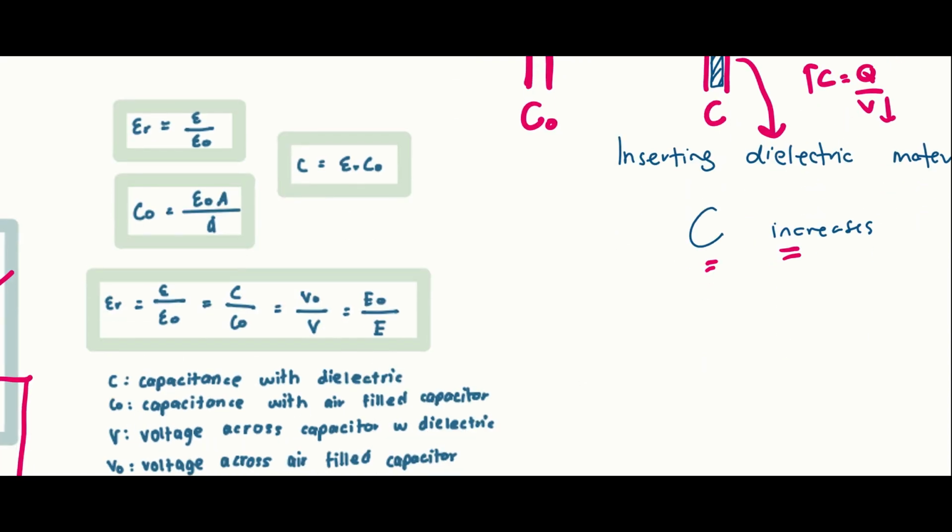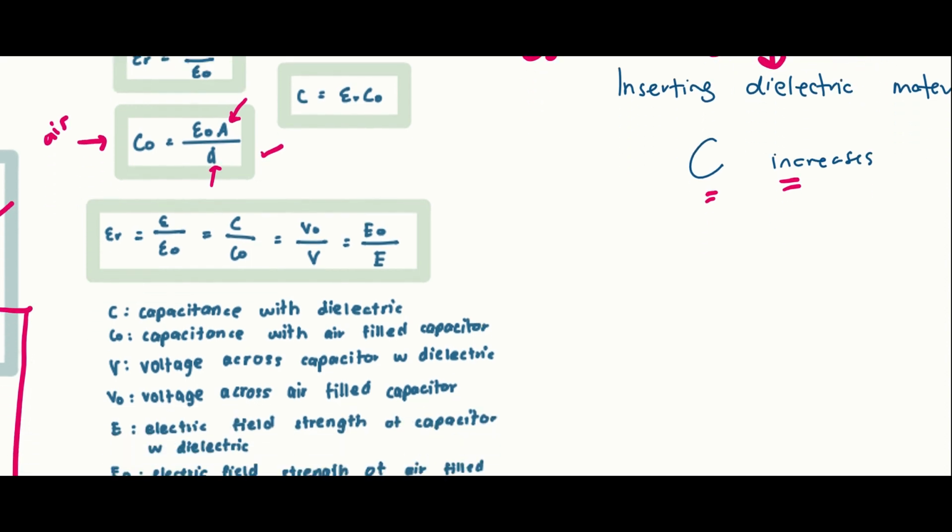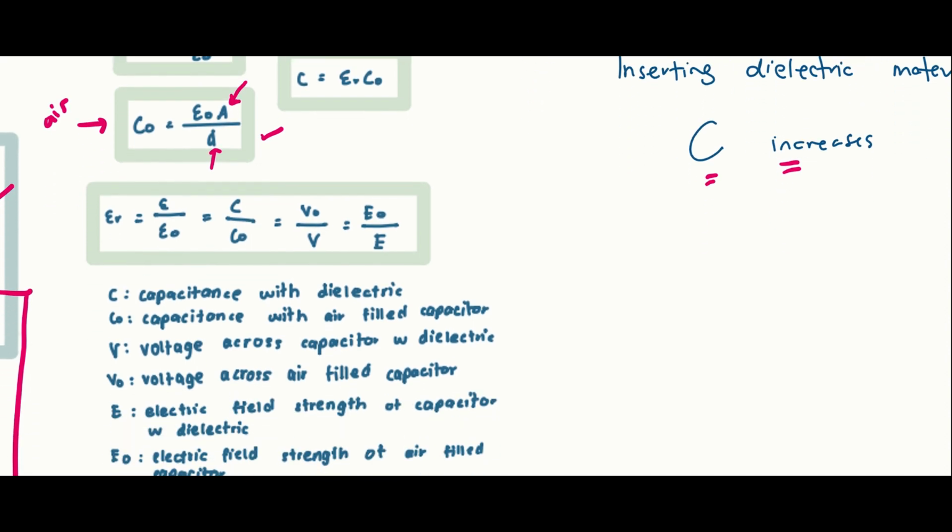This is the basic equation for an air-filled capacitor without dielectric. A is the surface area of only one plate, and D is the distance between the two plates. You also have the term epsilon r, known as the dielectric constant.